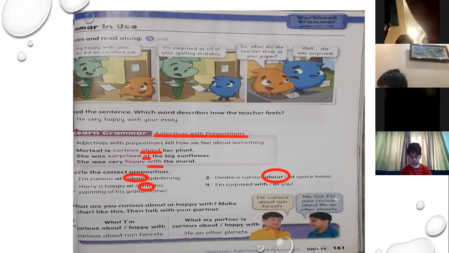When you're surprised at somebody, for example, your friends are coming to your party, and you're very surprised to see your friend, like he might be looking handsome or something. So you say this to your friend, I'm really surprised at you.